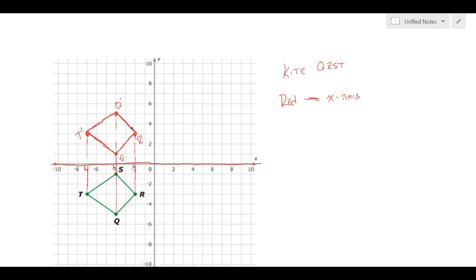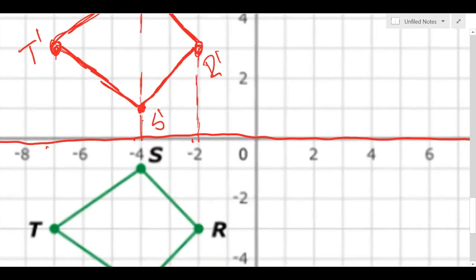Now, when I look at this, the key things I do to check myself, because I'm sure some of you are looking at it and saying, well, that looks pretty much identical to the original image. So did we just translate it? The easiest way to see that is to look at our labels. Our labels here tell us that Q was the furthest from the line of reflection.